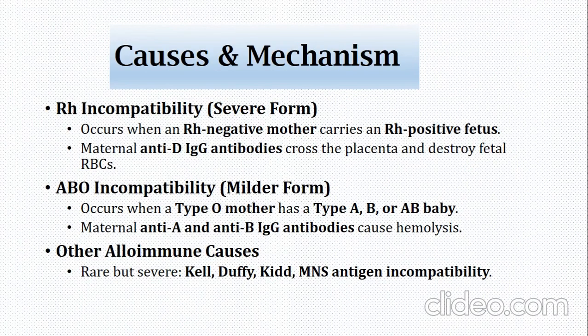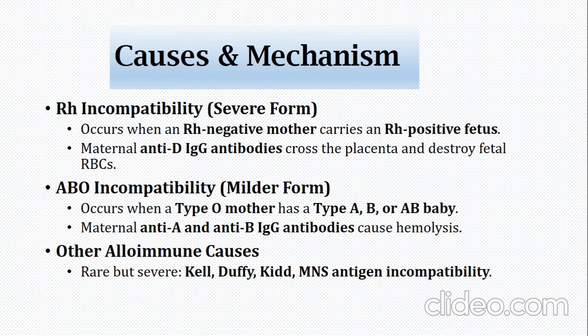About the mechanism, it starts from the mother, where there is a development of antibodies, specifically immunoglobulin G, that cross the placenta and bind to fetal red blood cell antigens.